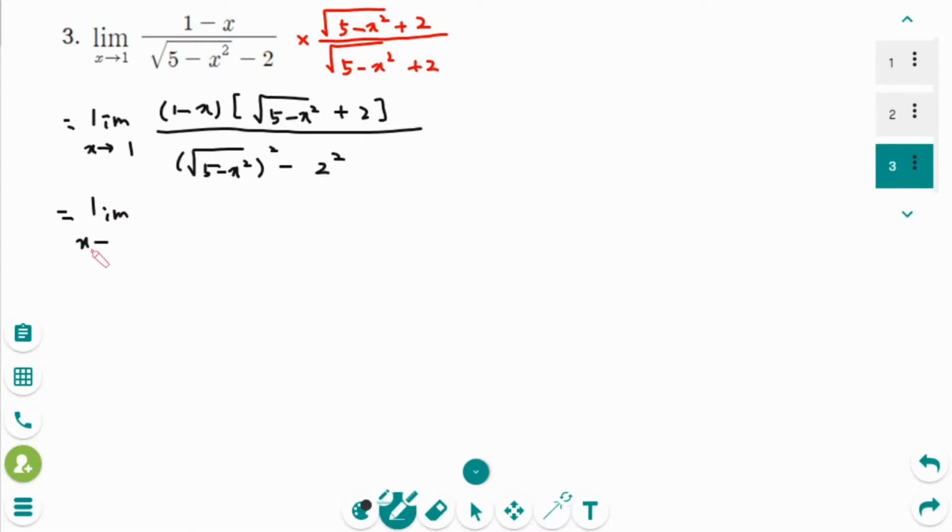And as x approaches 1, keep the numerator. And then simplify the denominator, which is 5 minus x squared minus 4.